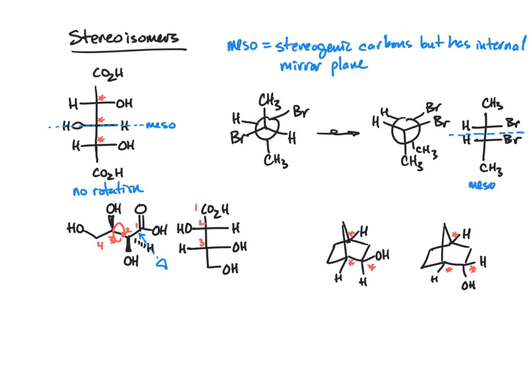So maybe I'll just draw those in blue. Then the ones in red are different. So if you have 2 the same and 1 different, what's the relationship? They're diastereomers.